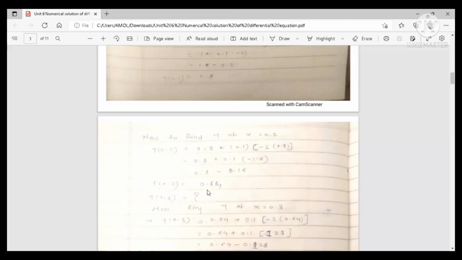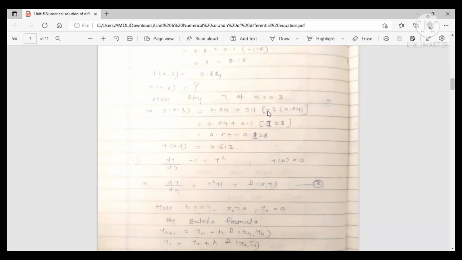Now find y of 0.3. To find y at x is equal to 0.3, this is your y3. Y3 is equal to y2 plus h into f of x2 y2. Y2 is 0.64, so put it here: 0.64 plus h 0.1 into f of x2 y2. What is f of x y?